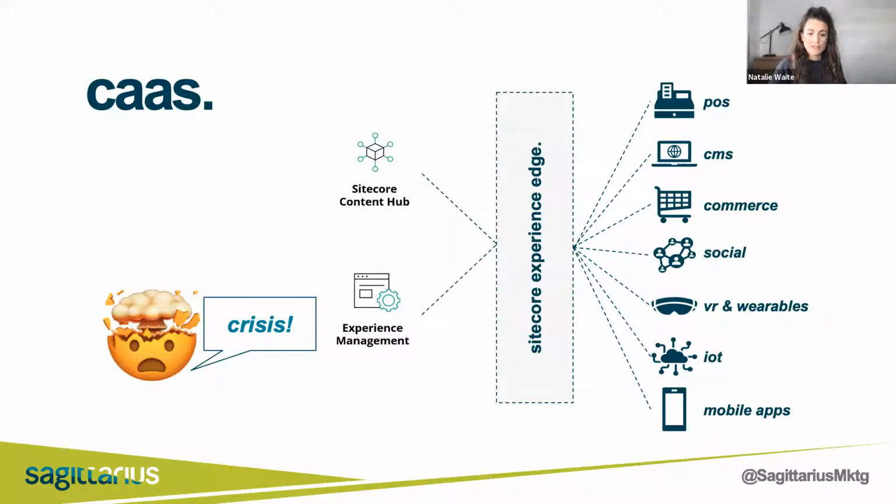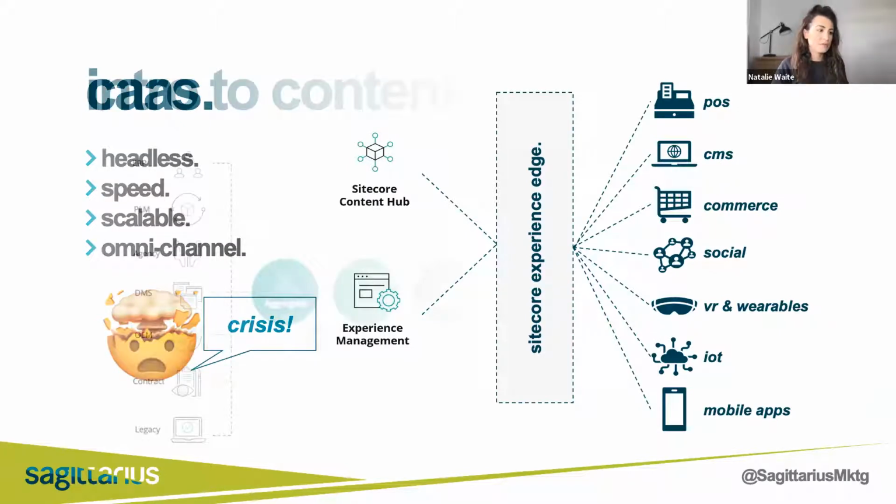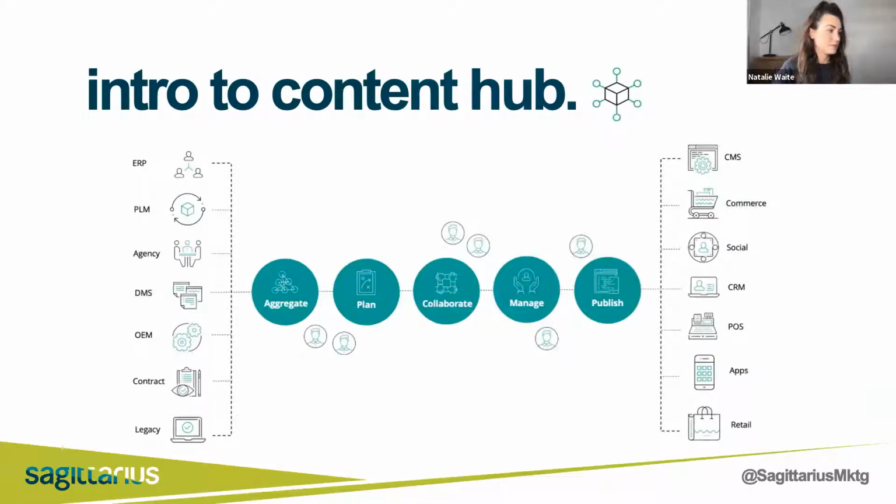So narrowing this down into Content Hub itself, let's take a quick look at what that is. That basically enables your content to be headless. You can deliver content at speed, and it's highly scalable because of those reasons. So Content Hub is essentially a series of tools, and I'll come on to that in a minute, that enables us to aggregate the various different sets of content into a single source of truth, and apply various different tools to plan content strategies, collaborate, manage and create content, and ultimately publish it in a consistent way.